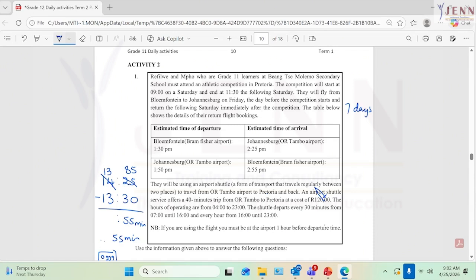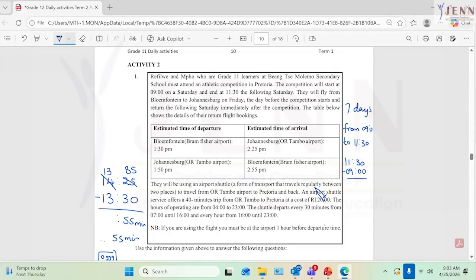Then from 9 o'clock to 11:30 on the next Saturday will be how many hours? So normally we subtract the end time minus that 9 o'clock in the morning.